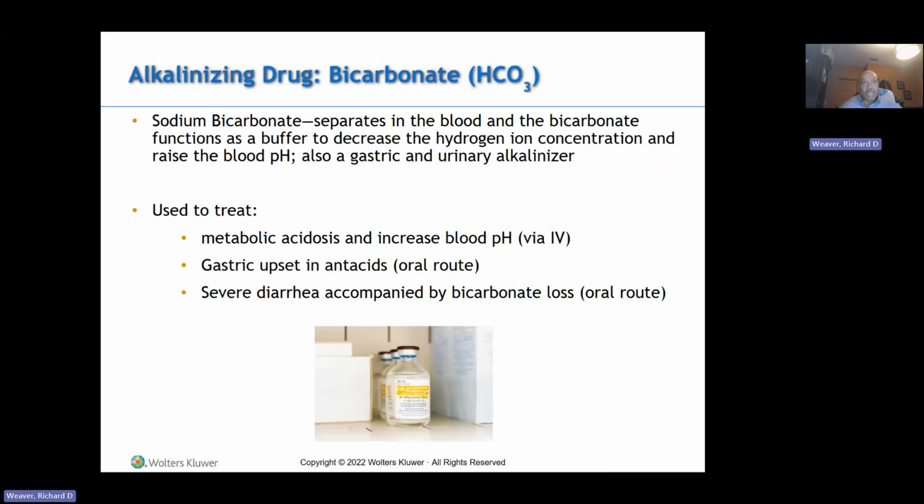When someone has an NG tube in the stomach, they're pulling out the hydrochloric acid, so those patients can become more base. In this case of severe diarrhea, you're losing all that base, meaning these patients can become more acidotic. And so we're giving the oral bicarbonate in order to improve the acid base balance.